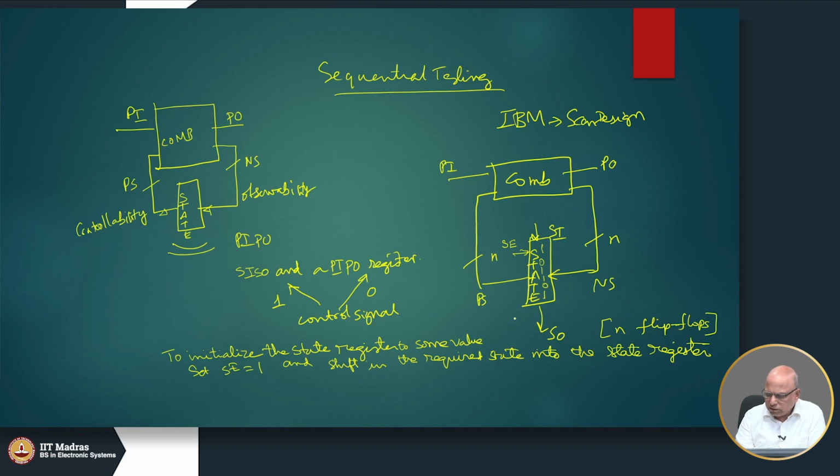I am going to simply cheat and shift in that particular state through the serial input. So, this will require n clock cycles. Unfortunately, it will be slow, it takes a lot of time to shift in the required state.